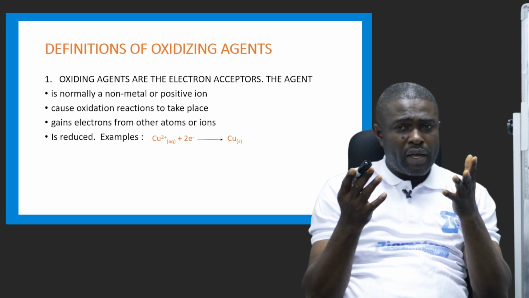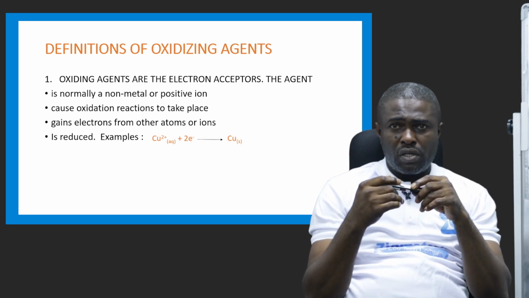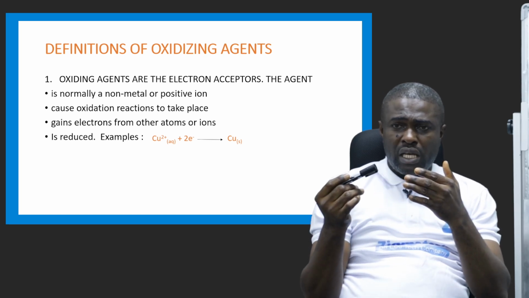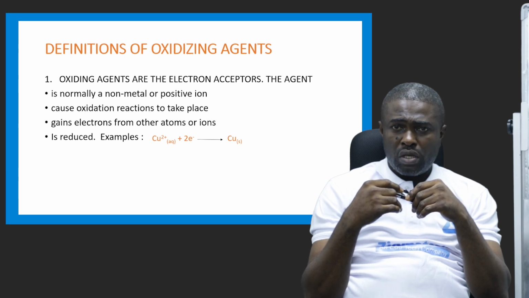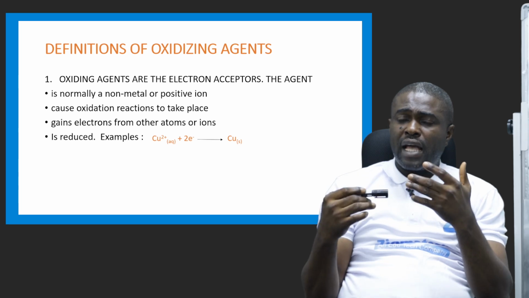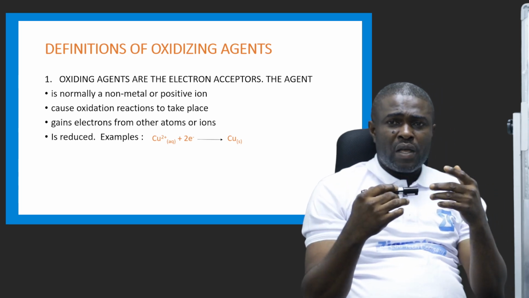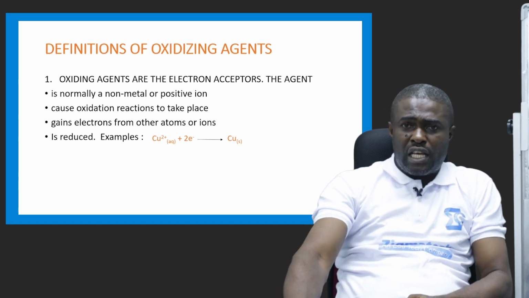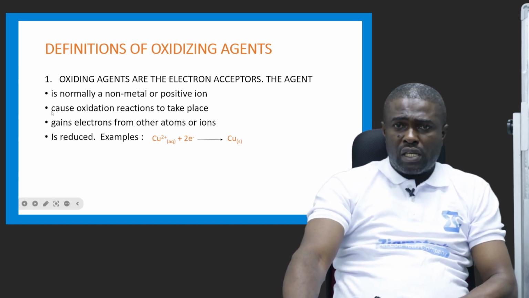It's not just ordinary copper, it's copper 2 ion. The copper 2 ion is actually accepting electrons, because oxidizing agents are electron acceptors. They gain electrons. That is the next point you can see on the slide.